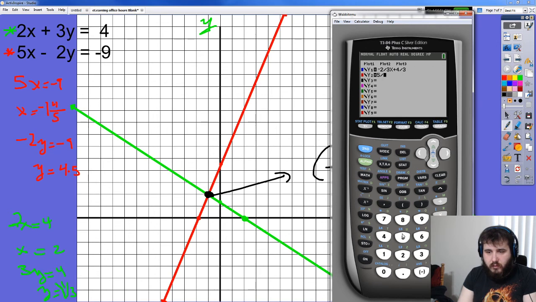Five halves x plus 9 halves for that 4.5. That's where that came from.